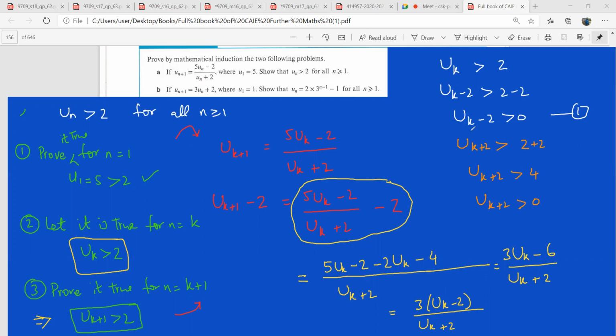So if the numerator is positive and the denominator is positive, from 1 and 2 we can say that 3 into uk minus 2 over uk plus 2 is positive.